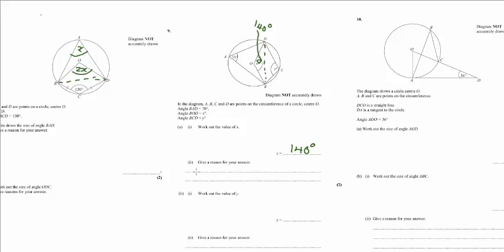You can say double angle theorem, or you can just say BOD, which is that angle there, is double BAD, or you could even say double 70. Don't worry about this too much. But anyway, that should make sense.